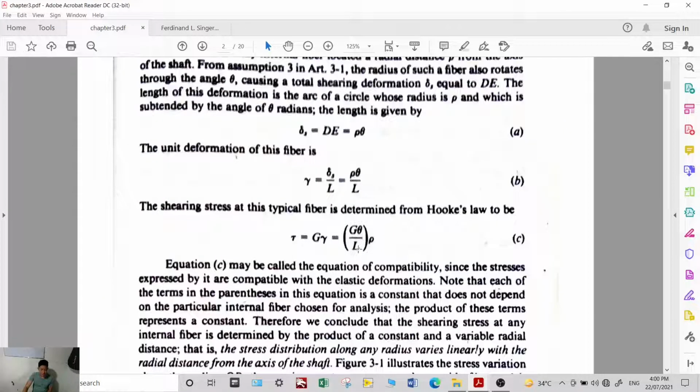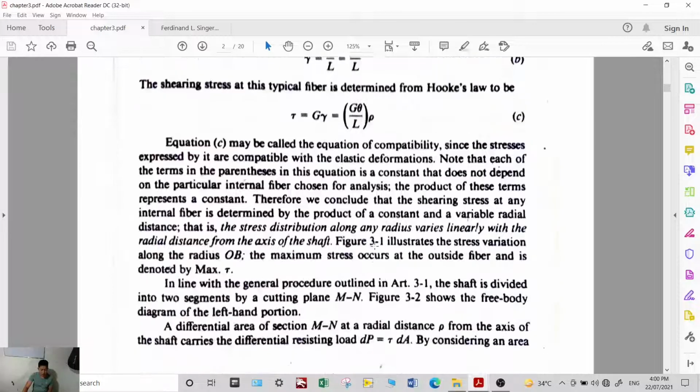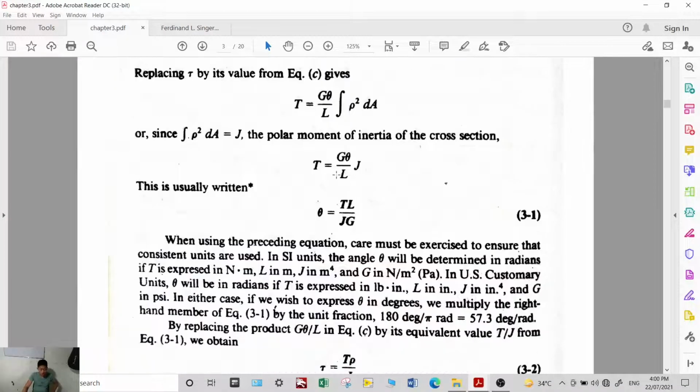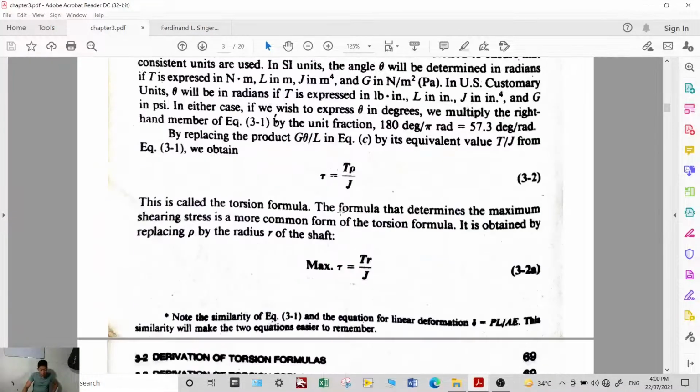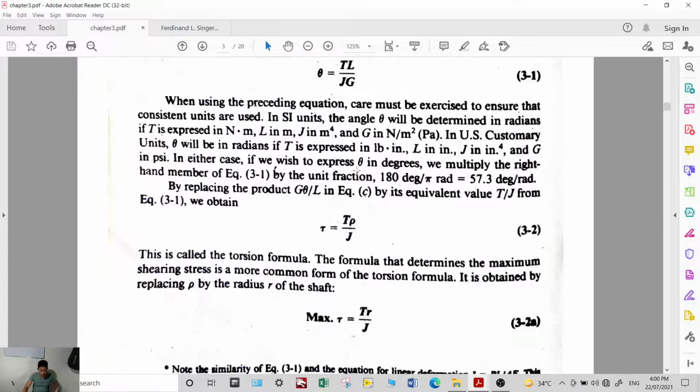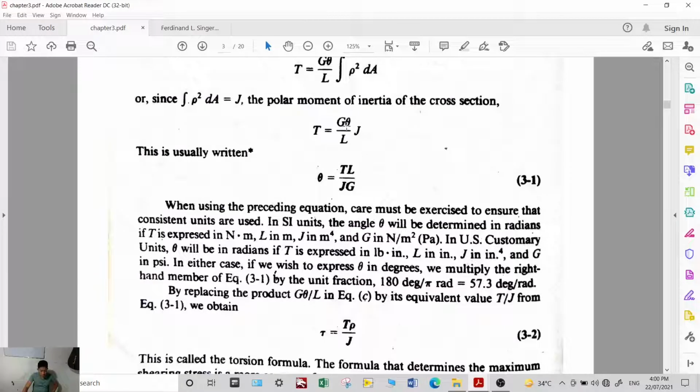G theta over L is just tau over rho. Okay, so tau over rho. So unsa may tabo? Mahimo na ning tau G theta over L. Dire. G theta over L is tau over rho.